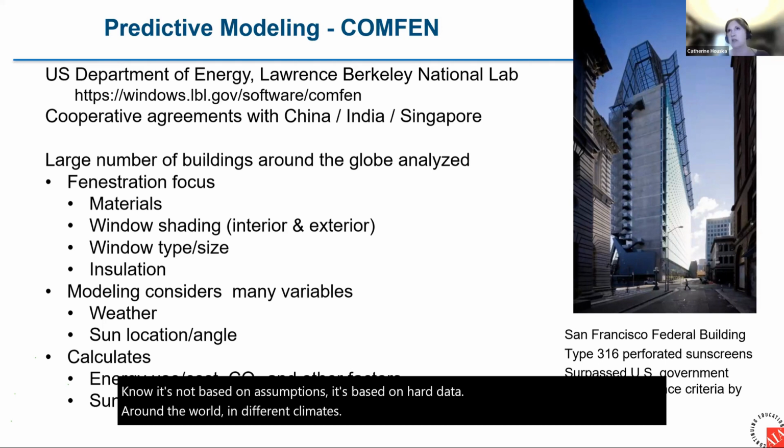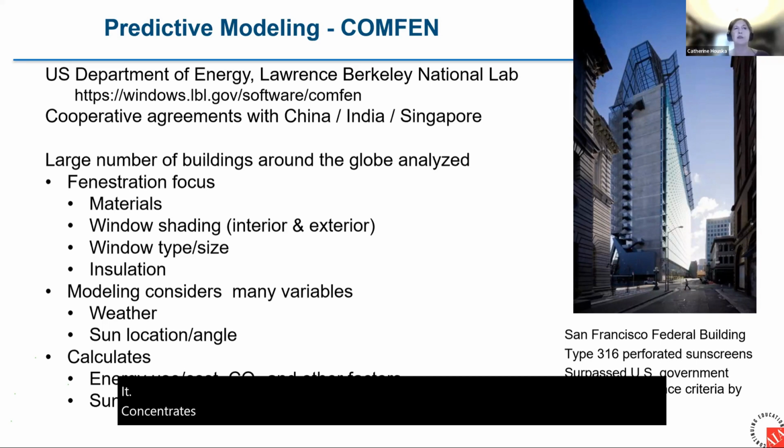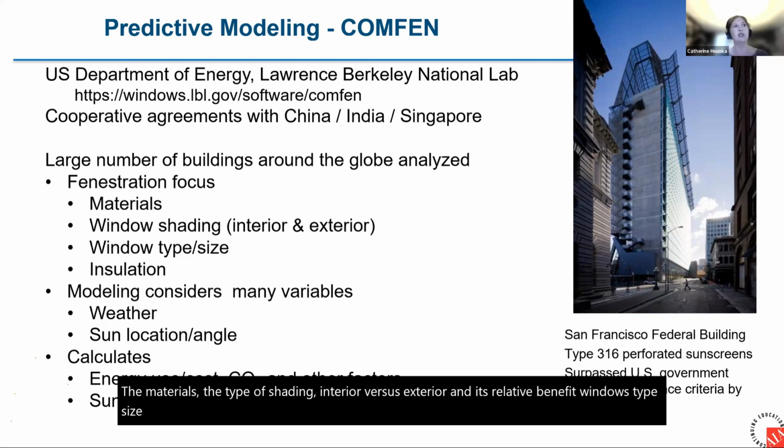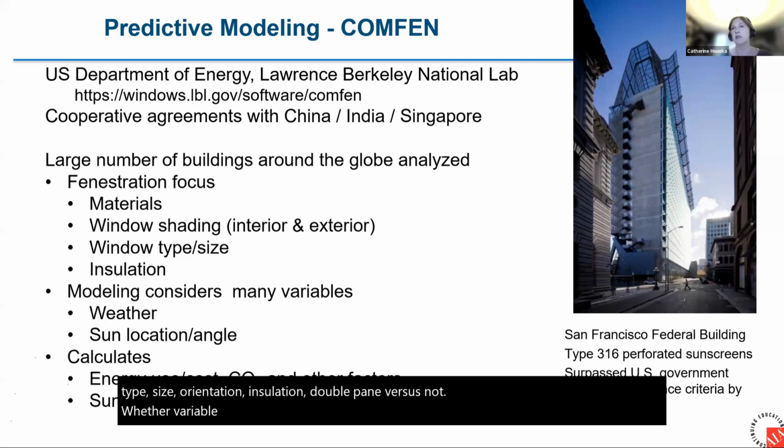It concentrates on the materials, the type of shading, interior versus exterior, and its relative benefit, window type, size, orientation, insulation, double pane versus not, weather variables, including the varying sun location and angle, different sides of the buildings.